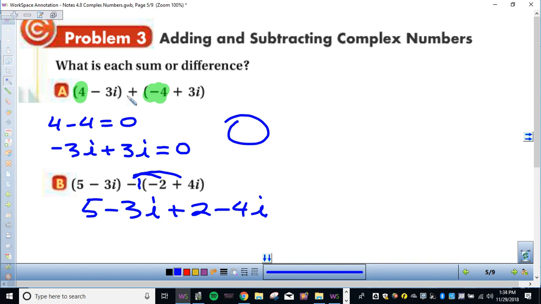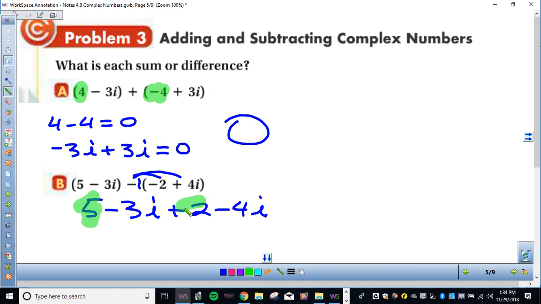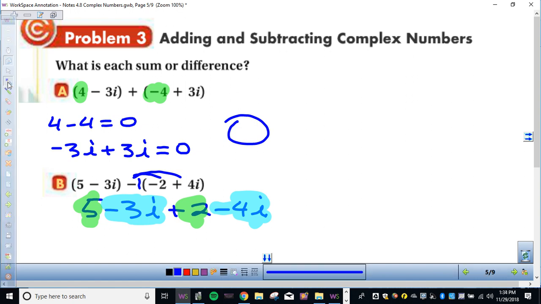So just pay attention if it's plus or minus so you don't mess that up, okay? So we're combining real with real, 5 plus 2, and negative 3i minus 4i. So what do I get? 7 minus 7i. So again, on your quiz, that should seem easy, right? You should, no problem, get that one correct.